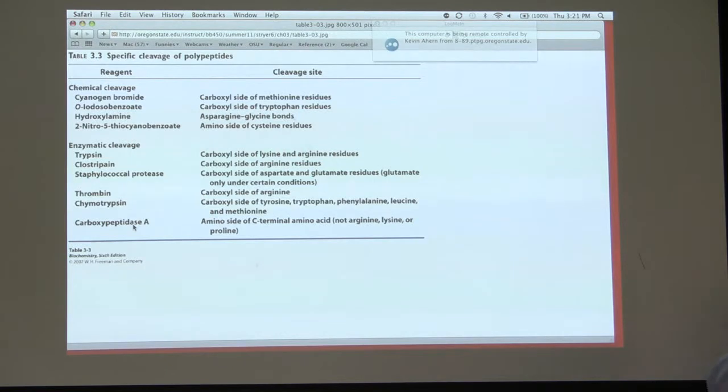And then it'll move in and it'll clip another amino acid. And then it'll move in and it'll clip another amino acid. Now, as noted here, it's not very good if that terminal amino acid is arginine, lysine, or proline, but for our purposes, we're not going to memorize that statistic. We're just going to treat carboxypeptidase A as if it can cut off anything off of the carboxy terminus.